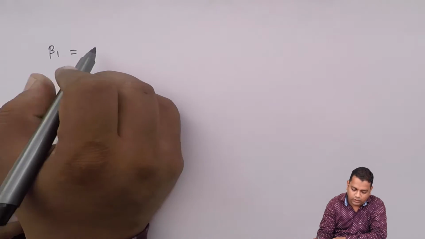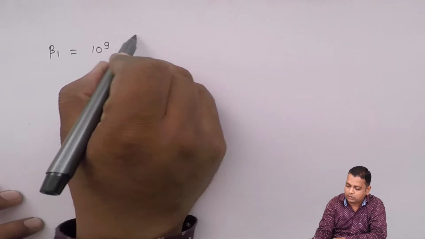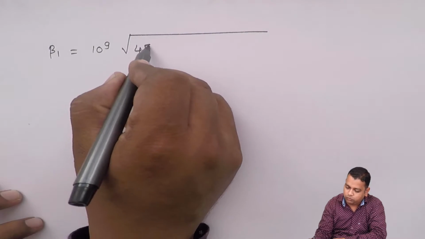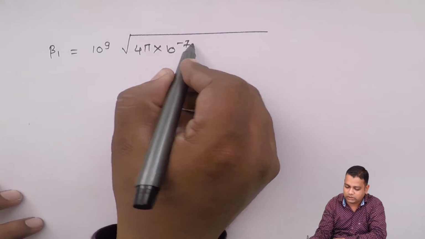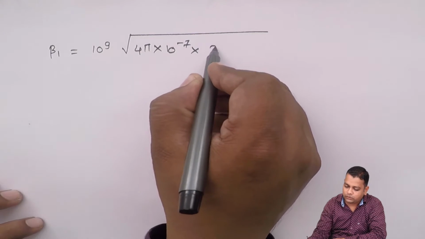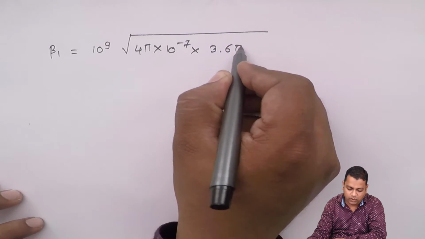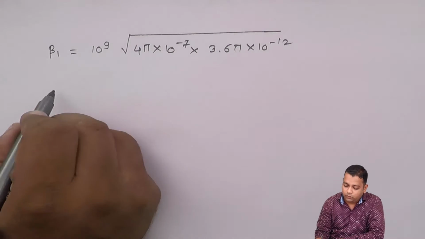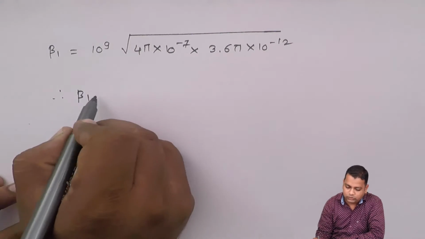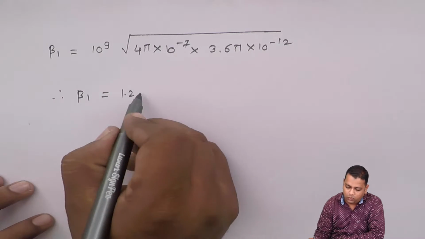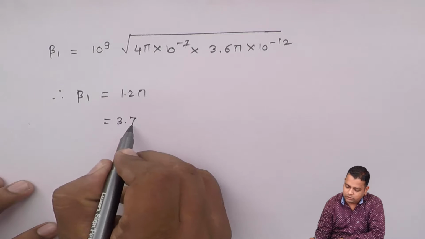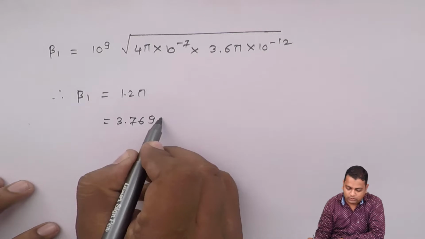Therefore, beta 1 will be equal to 10 raised to the power 9 multiplied by the square root of mu 0, which is 4 pi into 10 raised to the power minus 7, into epsilon, which is 3.6 pi into 10 raised to the power minus 12. Therefore, we obtain beta 1 equal to 1.2 pi, which is nothing but 3.7699.